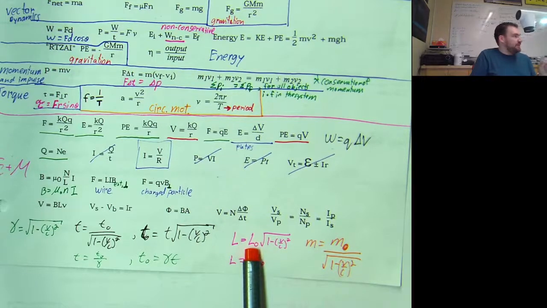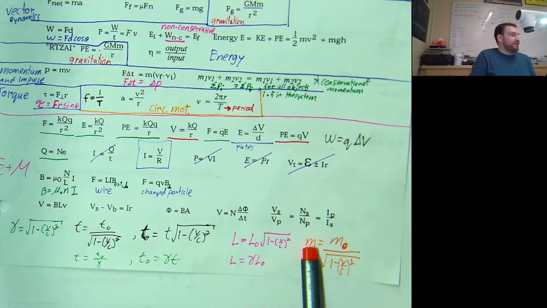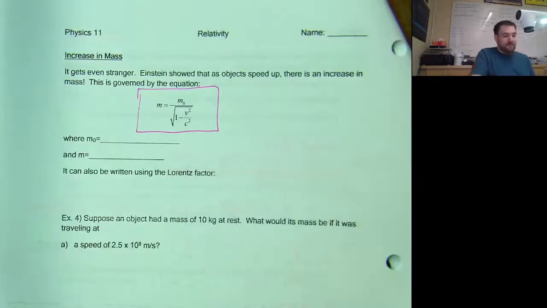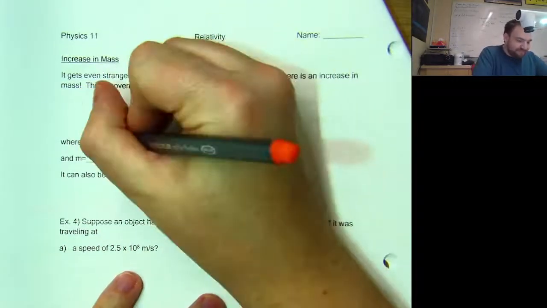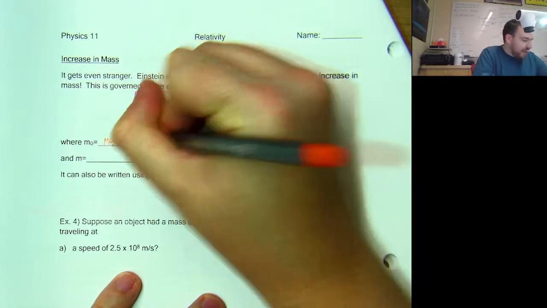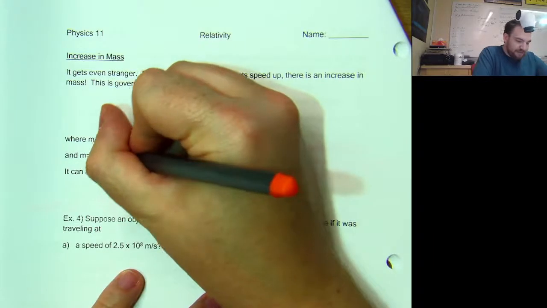L0 would be our rest length. Same thing here. M is going to be our mass as observed relativistically, and m0 is going to be the rest mass.